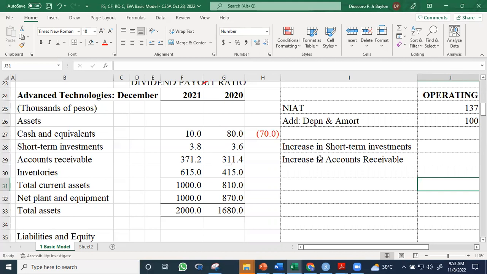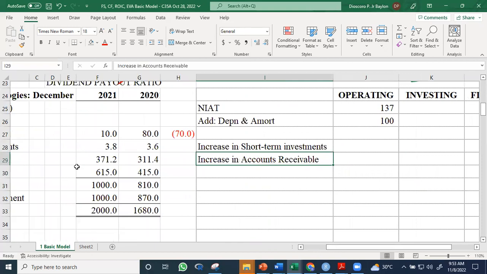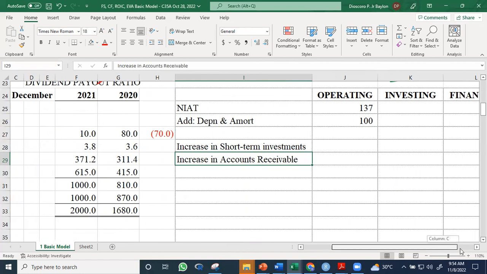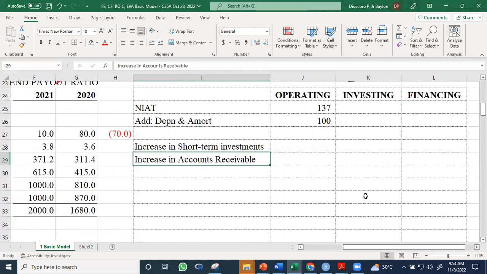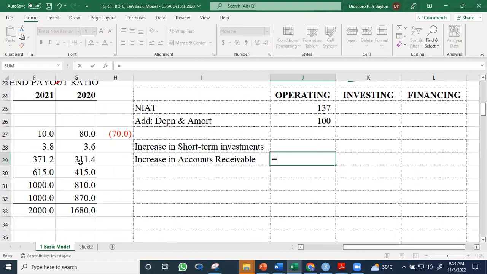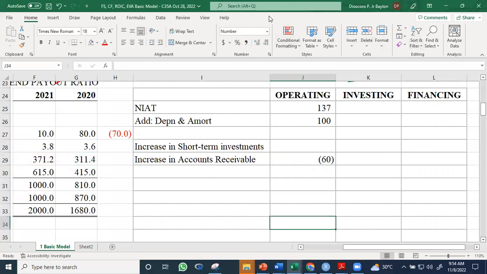So there was an increase in accounts receivable, and accounts receivable will affect operating because this is generated by sales. Since it increased, therefore, this is a source of cash. That's why your answers a while ago were O and S. And since it's a source of cash, it should be positive 60, right? So I'll just subtract. Okay, all right. Clear, class?